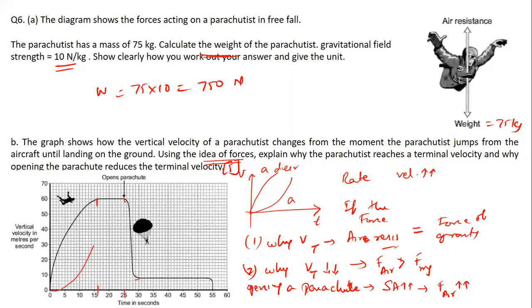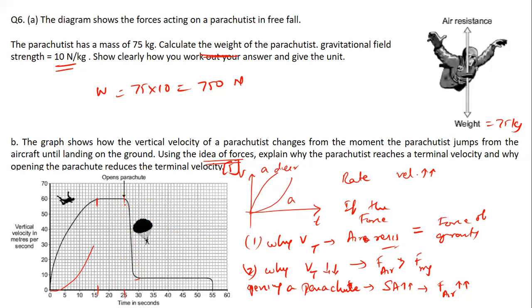Though air resistance increases, it is like you are moving at a speed of 60 kilometers per hour on the highway and you suddenly apply the brake. When you apply brakes, the backward force is much larger, but still it takes some time for you to reach a stop, so the stopping distance is already there.